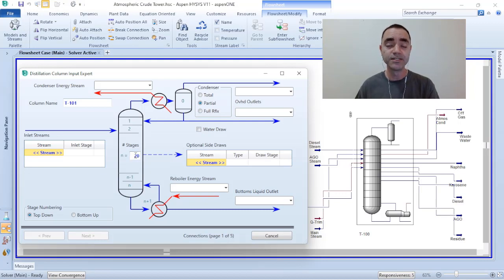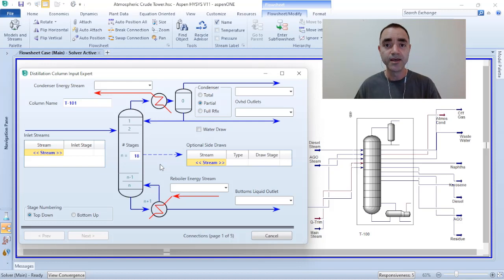So if I need 20 stages of equilibrium as a total, what I need to do here is to discount the stage of equilibrium related to the condenser and the stage of equilibrium related to the reboiler. So instead of using 20 as the number of stages, I would use 18 as the number of stages.